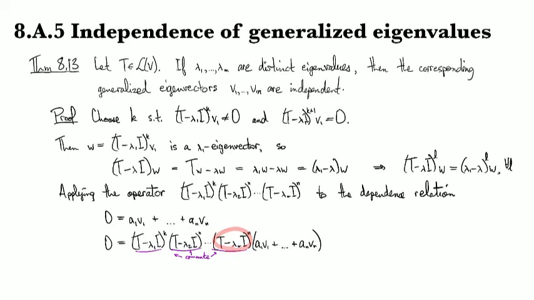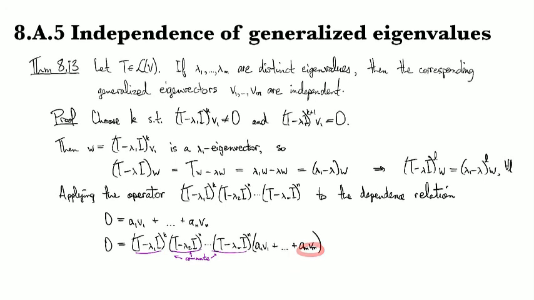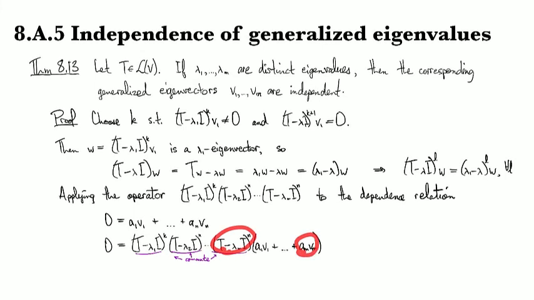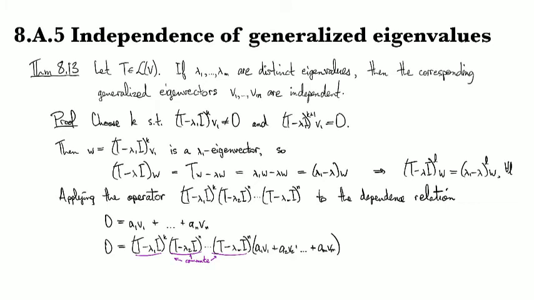Oh, hold on a sec. I just typoed. These have to be m's, not n's. Okay. So this one is going to kill off this guy, and this one is going to kill off this one here, and so on and so forth.